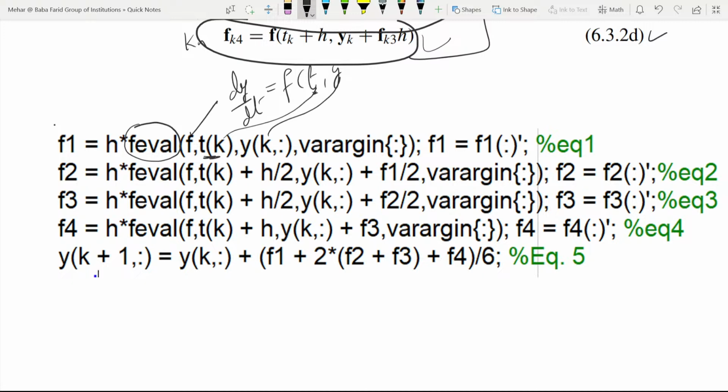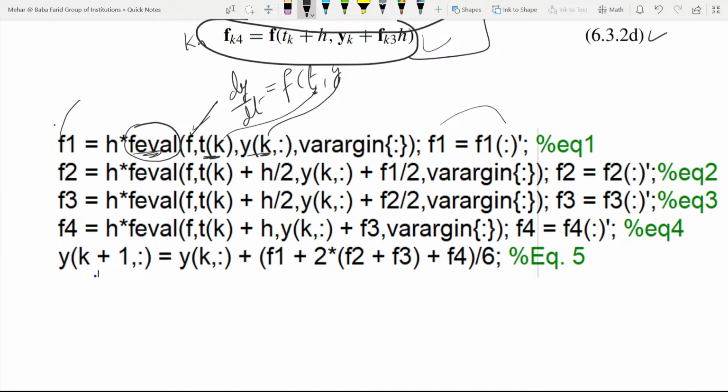Because the values will vary from the t vector 1, 1.1, 1.2, 1.3 and so on up to 2, and corresponding to these values f will be calculated by using the f evaluate function, and then we will convert this value into a column vector.